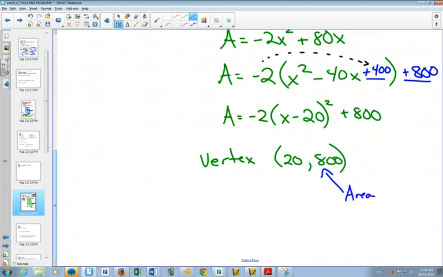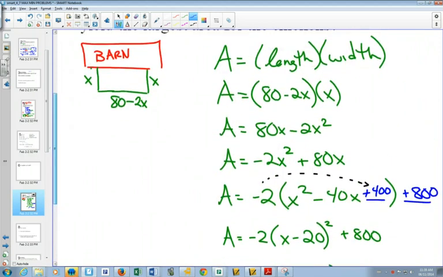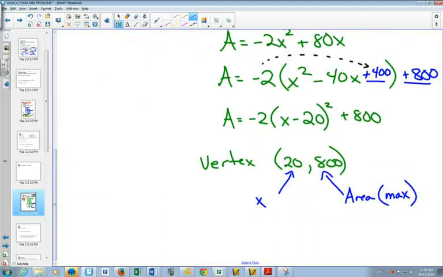And because it's our vertex, it's going to be our maximum area. And this is x. And what did x stand for in our question? The width. Okay? So let's put that as a note as well.